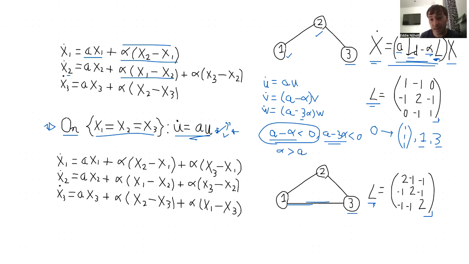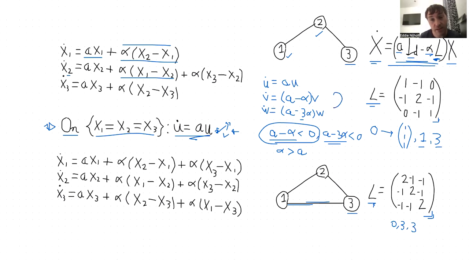Now, if you look at this second example over here, you find slightly different coordinates. You find a slightly different system. So you can make this one diagonal as well, but now the eigenvalues are 0, 3, and 3 again. So 3 has algebraic multiplicity 2. So you can play exactly the same game as we did here on top.